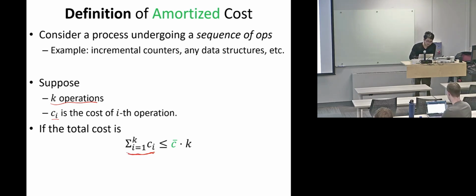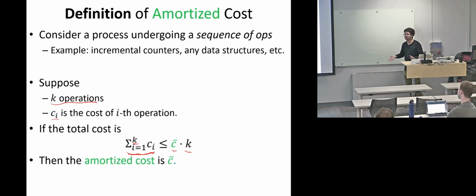If the sum of the cost over k operations is something like c bar times k, then the amortized cost is c bar. That's the definition. Okay, make sense?